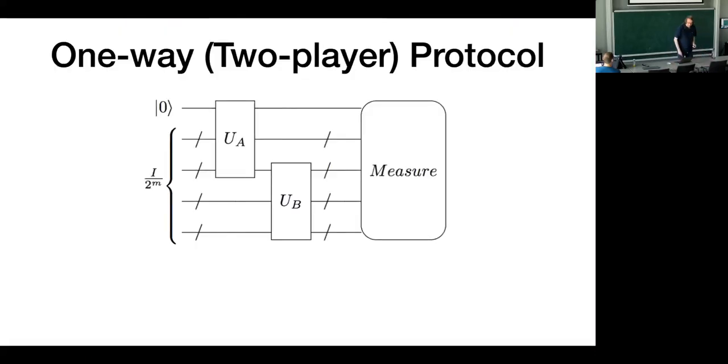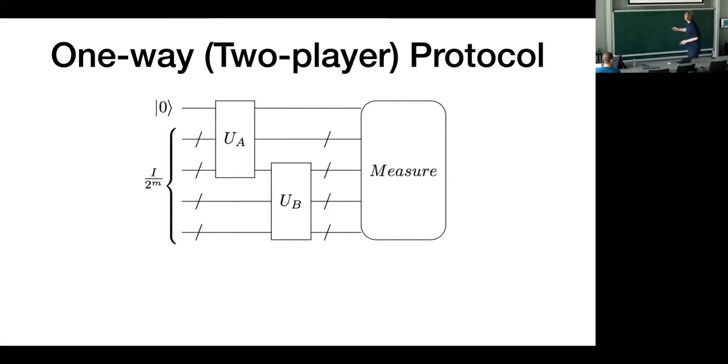And I always liked one-way communication complexity, which is a simpler model, and this works here as follows. We have our one clean qubit, our mixed state. Alice owns some of the qubits, applies a unitary, then sends some of the qubits to Bob, who then applies a unitary, then there's a measurement, and ideally the measurement should really be only on the qubits that belong to Bob now.